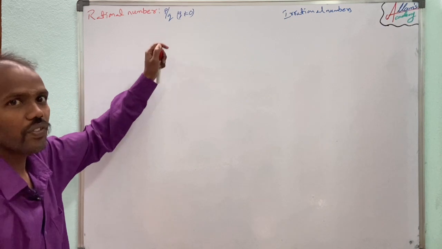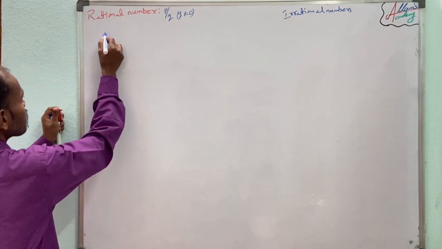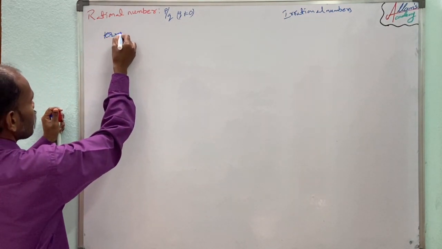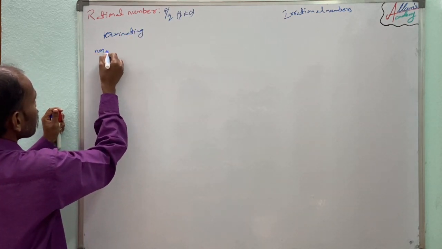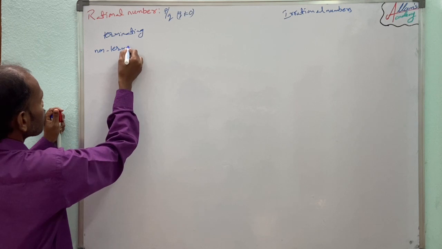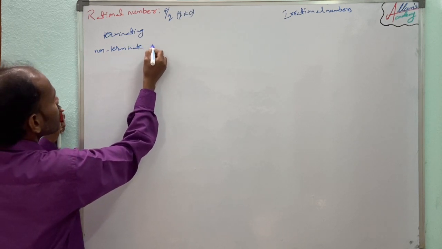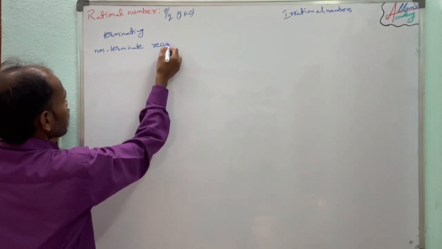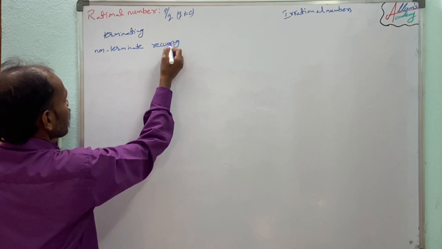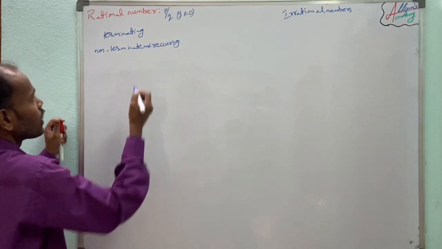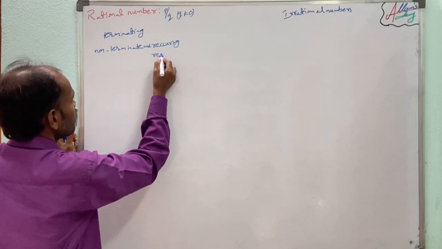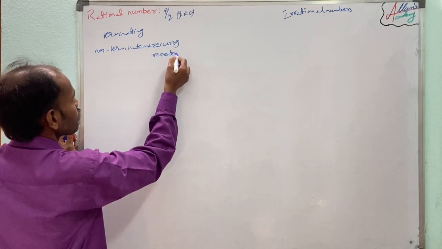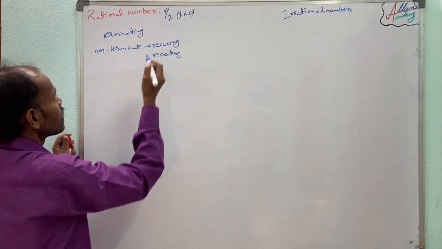So if we simplify the rational number, the decimal comes either terminating, or non-terminating and recurring. Recurring means repeating decimal.